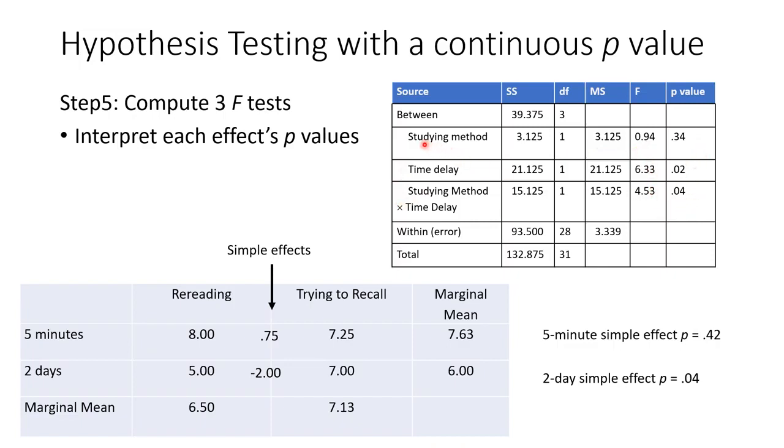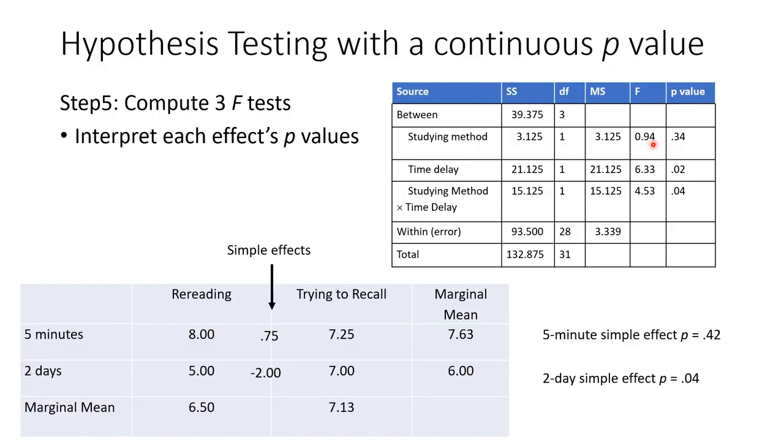So let's start with interpreting the main effect for study method. Again, that's comparing the marginal mean for rereading to the marginal mean for trying to recall. And this F value is 0.9. Again, if the null is true, we expect to get something close to 1.